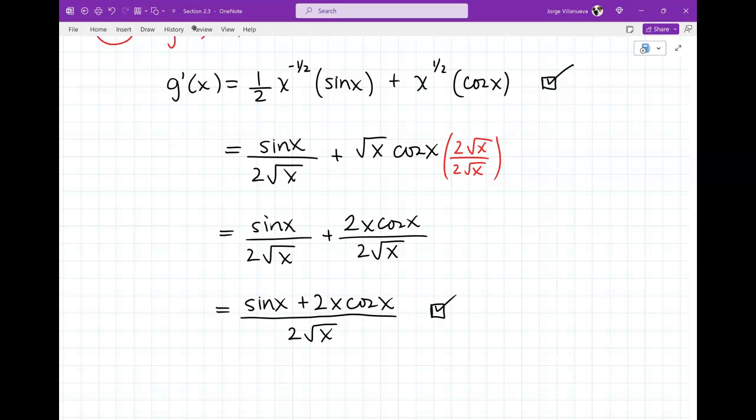Is there another question? A different section? 2.2 number 9. What page is that? Let's see. I'm looking really quick.